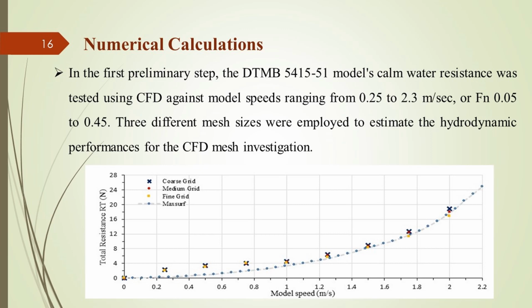So the first step for experimental work, we use the DTMB 5415 model calm water resistance testing, CFD against model speeds from 0.25 to 2.3 meters per second, Froude number 0.05 to 0.45, with three different mesh sizes.